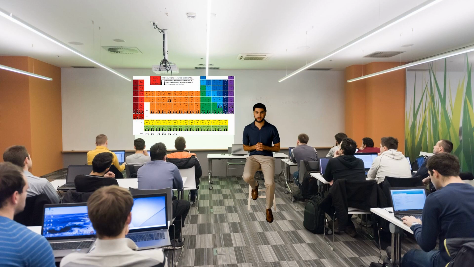Technetium, with atomic number 43, was the first element to be artificially produced and has no stable isotopes. It is used in medical imaging. Promethium, element 61, is another synthetic element with limited applications due to its radioactivity.